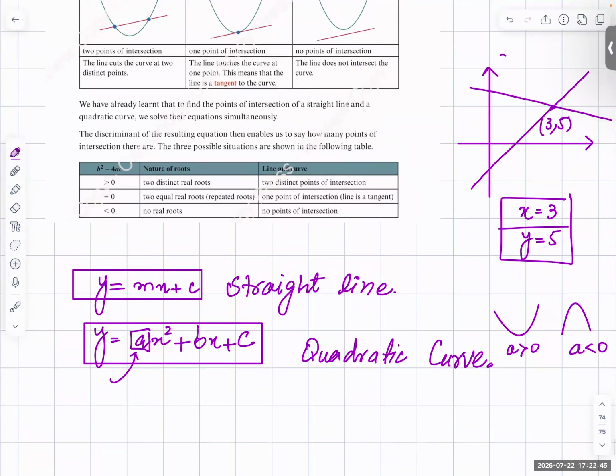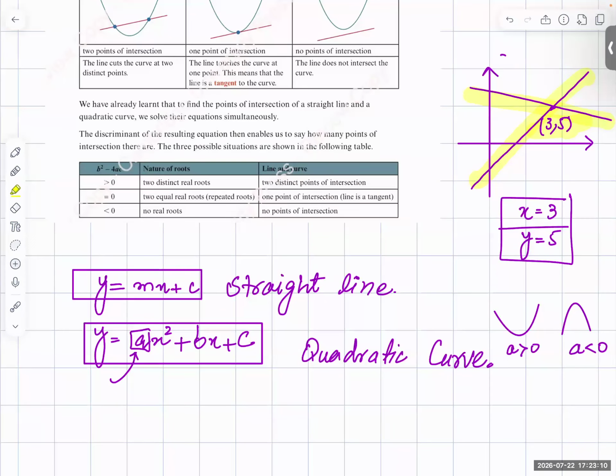So from O levels, we know that when we had two straight lines and we used to solve them using either the elimination or substitution method, we used to get a point, 3, 5, for example. So 3 and 5 are the points on the x and y axis where both the lines meet. Similarly, here we're going to use the quadratic curve and a line to find the points of intersection.